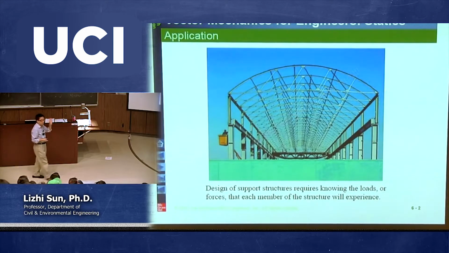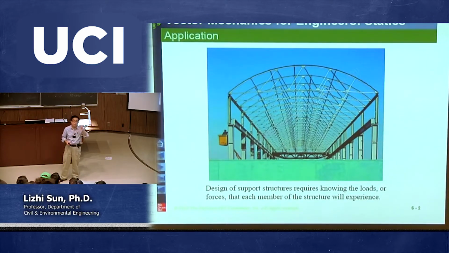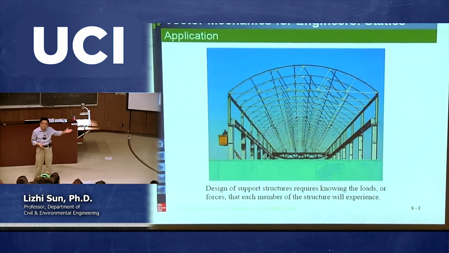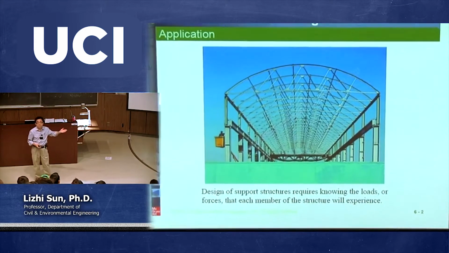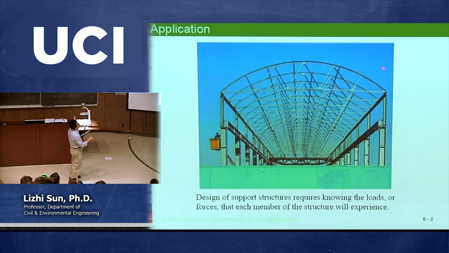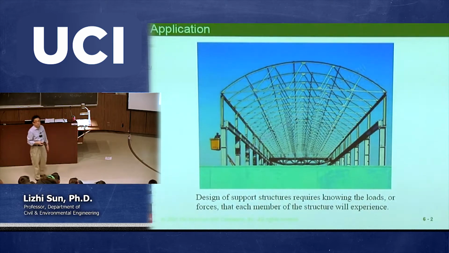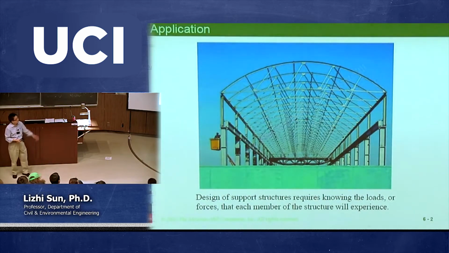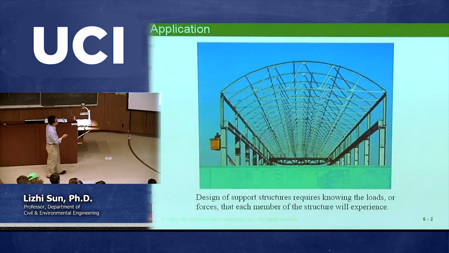The reason we always use trusses, and later in the next chapter we talk about beams, is simply because they are cost effective. You really do not need to put whole bulky materials on the top serving as a roof for the building. You really don't need that. That's why most of the time you see those kinds of slender members.